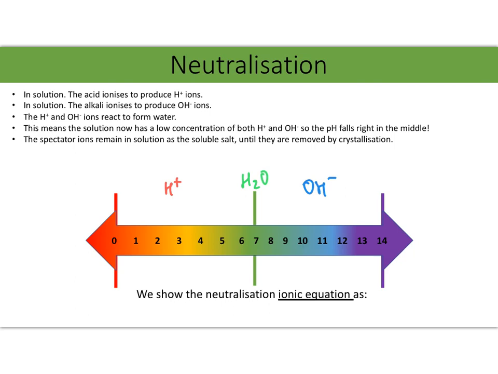So there is something called a neutralisation ionic equation. Okay, so if it's an ionic equation, it's got to involve ions. So we are reacting H plus ions with OH minus ions, and we are getting as a product water. So that's what's happening in every acid and alkali reaction. It's H plus ions reacting with OH minus ions, making water.